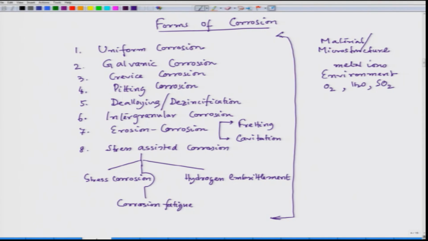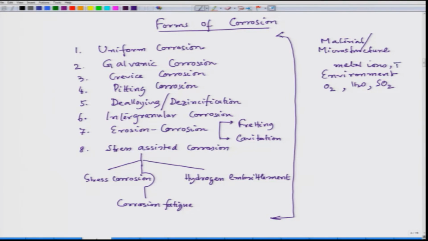For example, Fe3+ ion, if somewhere it is there, this Fe3+ is not good, because Fe3+ allows greater corrosion to happen. For example, we have given this example, zinc dipped in dilute HCl. If we have a little bit of impurity FeCl3, that means Fe3+ ion is there, the corrosion rate of zinc would be much higher than in the solution where FeCl3 is not there. So, those metal ions. Then of course, other factors like temperature will come into the picture.